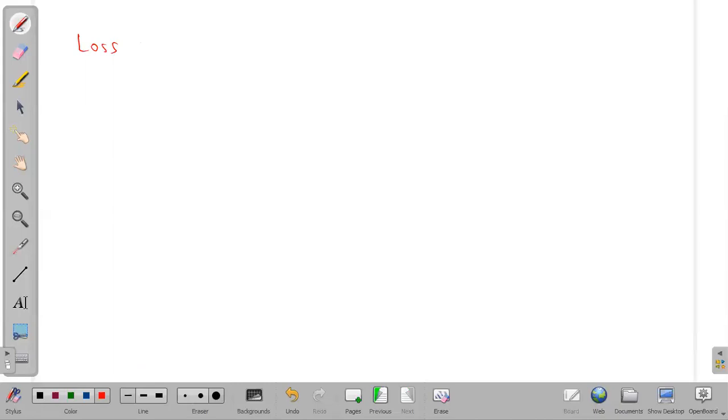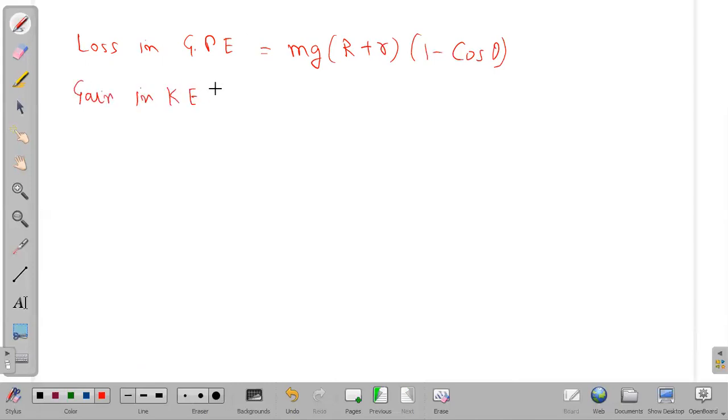Loss in the gravitational potential energy is equal to small m g times capital R plus small r, in bracket 1 minus cos of theta. That is the loss in potential energy. Whereas the gain in kinetic energy of capital M mass will be half capital M into v square.